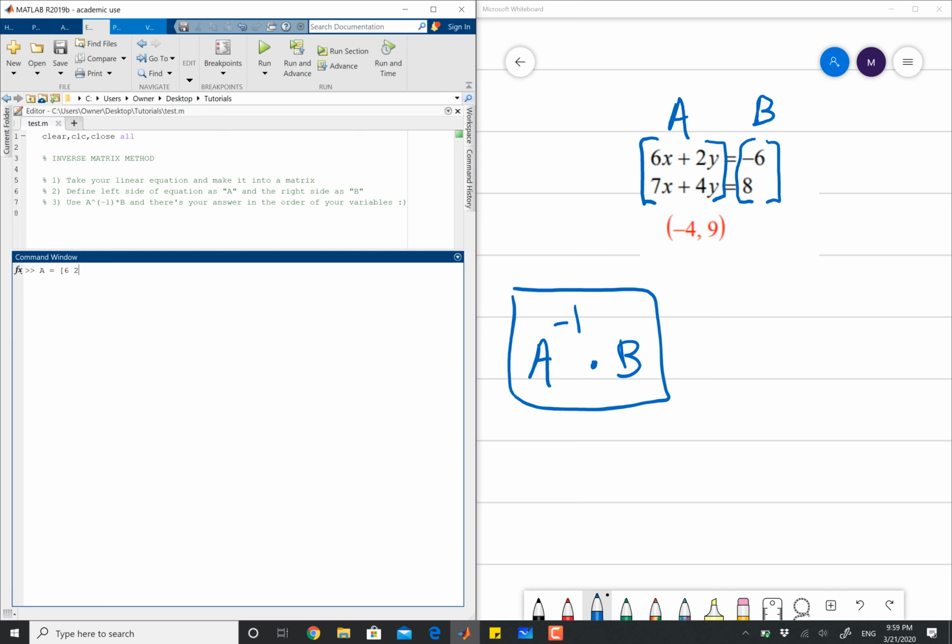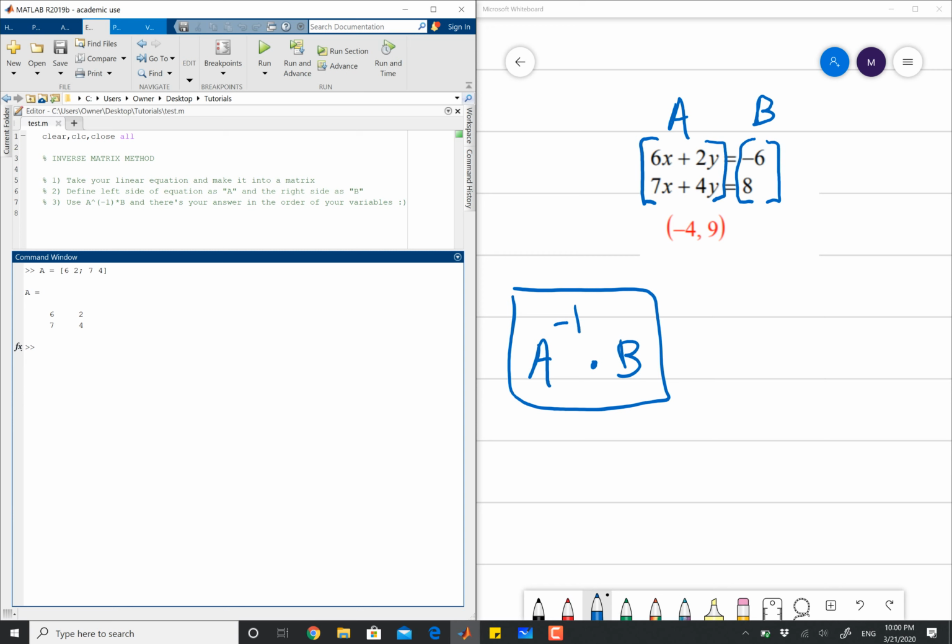I'm only going to input the numbers attached to my variables. So I'm going to have 6, 2, semicolon, which initiates the second row, and then 7, 4, close bracket. If I press enter, there you go. We can see that we got 6, 2, and then 7, 4.